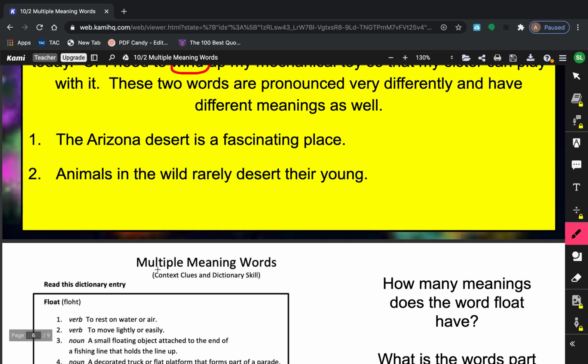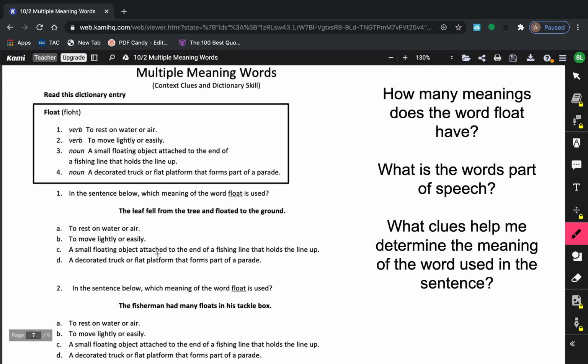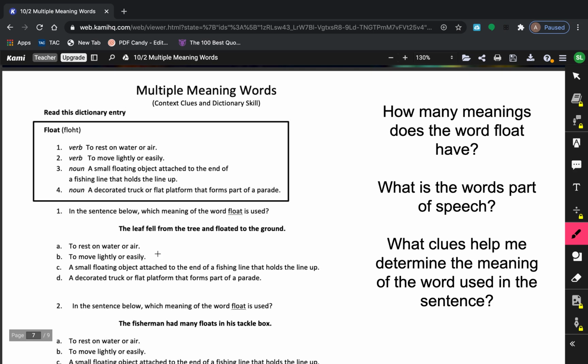So let's take a look at the practice that you will be completing today. I'm going to model completing one of these activities so that you know what to do when you complete these on your own. The first one says to read the dictionary entry. The word float is our entry. There are four meanings of the word float. It can be used as a verb and a noun.